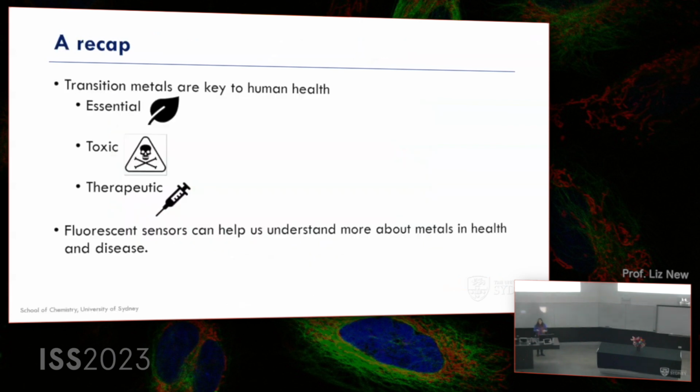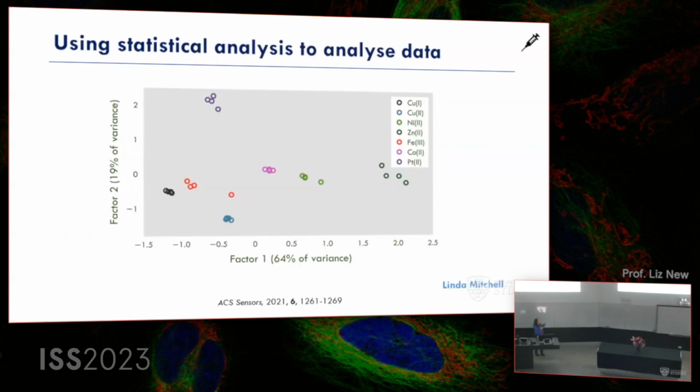We can also use it to tell us what is active cisplatin in the body, and we're starting to use it to tell us the concentration of cisplatin in the body. So this is a test that we're now developing. We've taken it into clinical trials, and we're working with doctors to work out how we can actually use it to measure the platinum levels in patients in a way that has never been able to be done before.